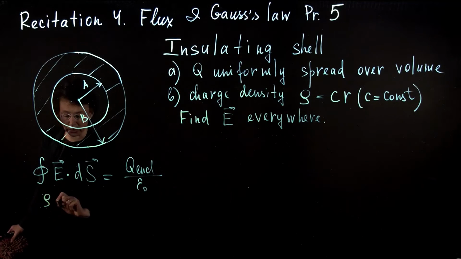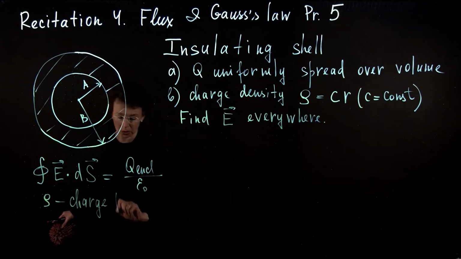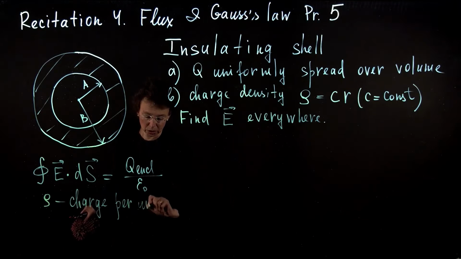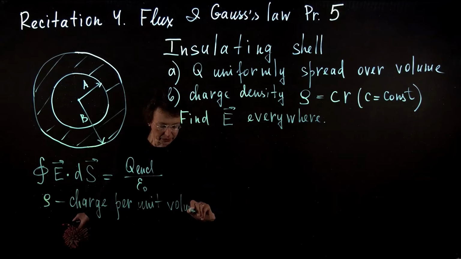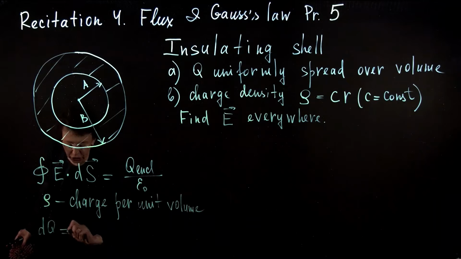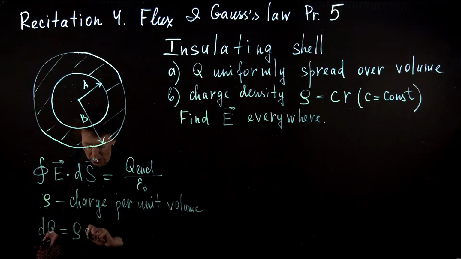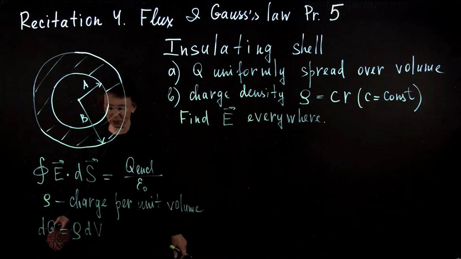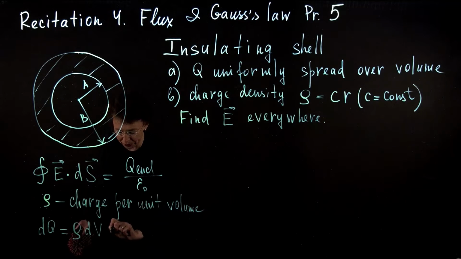So rho is charge per unit volume. By definition of rho, dq, the infinitesimal charge, is equal to rho dV, where dV is the infinitesimal volume.